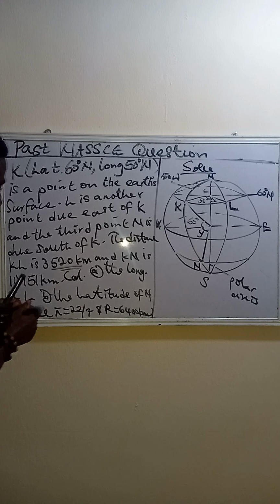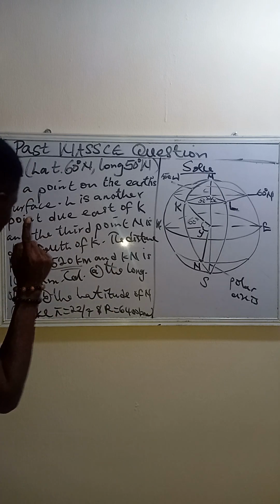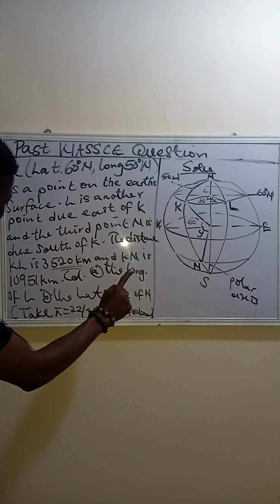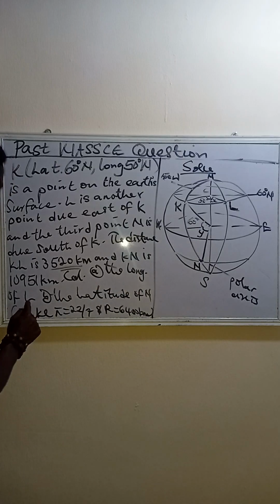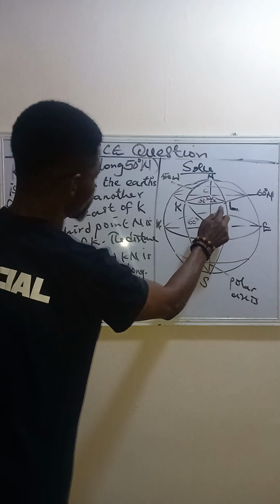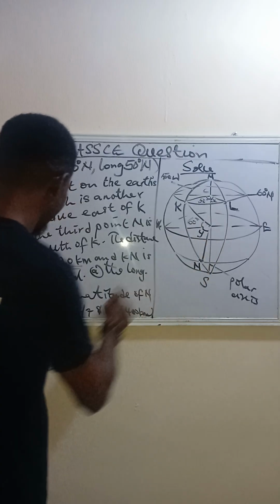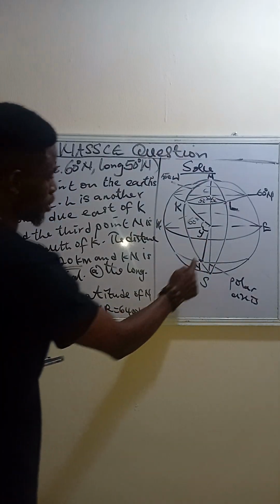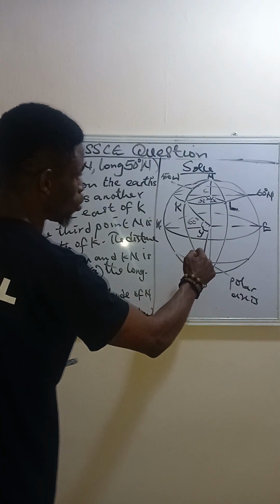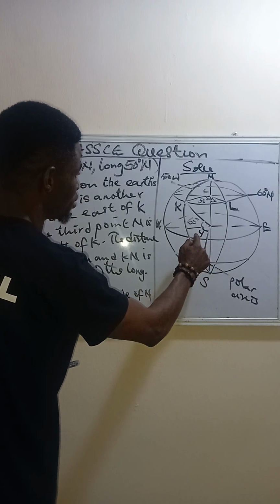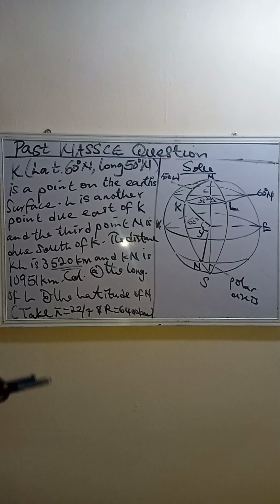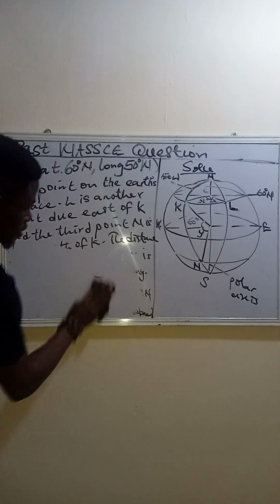So the question to consider is to calculate the longitude of N, the longitude of L, and the latitude of L. We have to calculate this Y. Okay. Now let me clean this side.